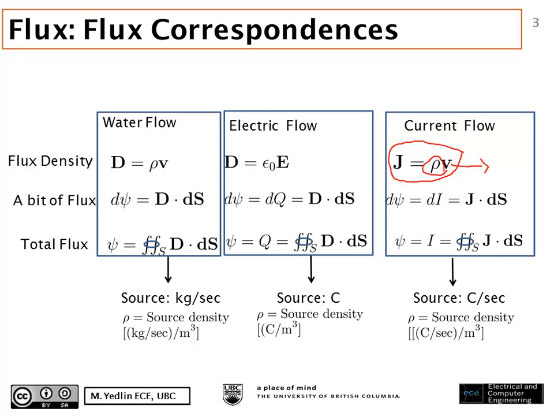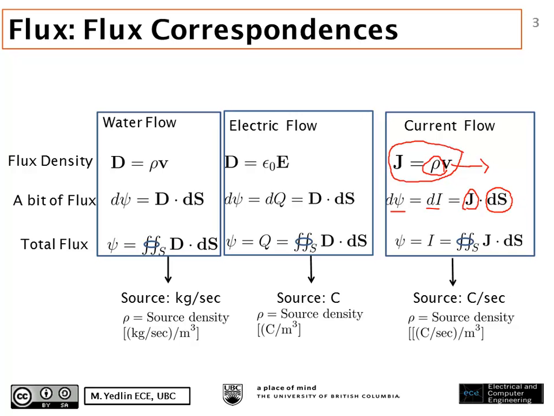Now, in total analogy with the water flow and electric flow, we're going to define a little bit of flux as a little bit of current equal to the dot product of J with a little surface element. So this is something we already know.